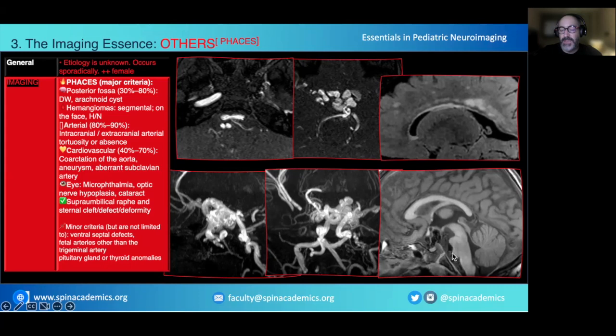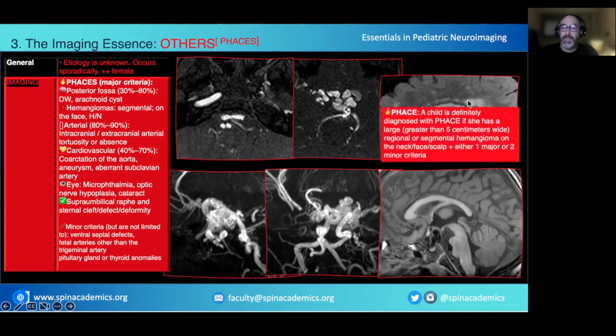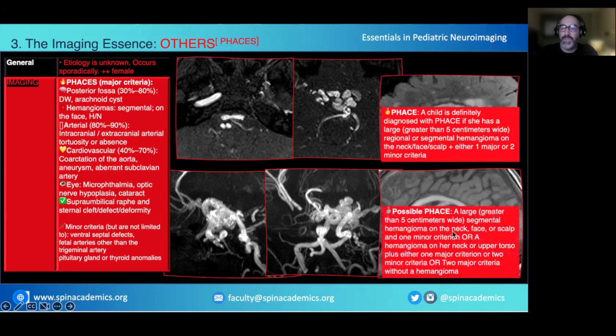Look at this in front of the pons, because of these large vessels. There's a definite diagnosis of PHACES if there are these criteria, and a possible PHACES when there's this definition.